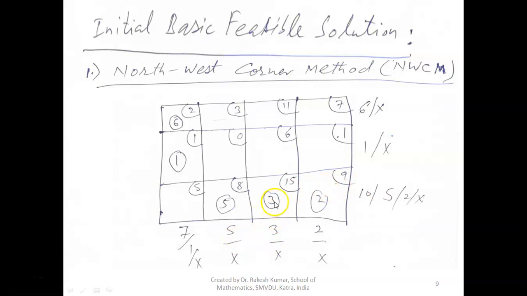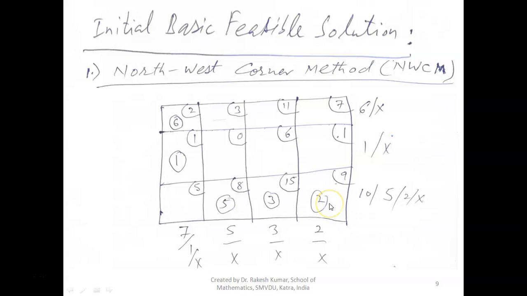Take all 3 units from here to here. I put 3 here and put this 3 inside the circle. It means the allocation is done. Now 3 units taken, so 2 left, and again 2 units are required at demand center 4. The minimum of 2 and 2, these are equal, 2 are demanded, 2 are left. So put these 2 units in this cell.